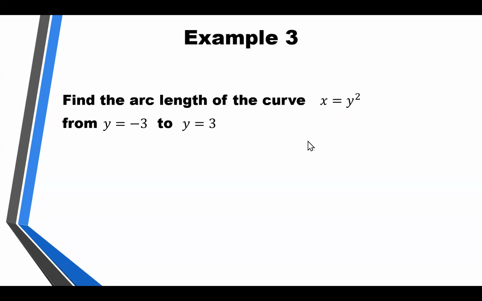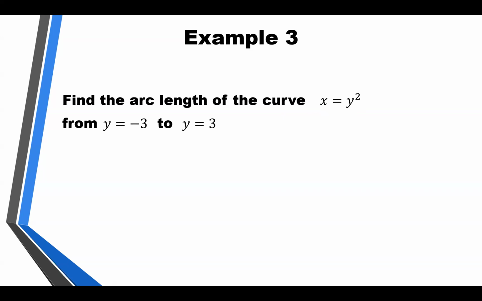In the first two examples, we had y written as a function of x. Here in this third example, we have x equal to a function of y, and we're given y value bounds. It says go from y of -3 to a y of +3.